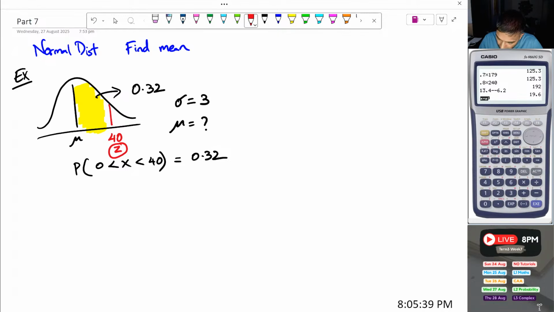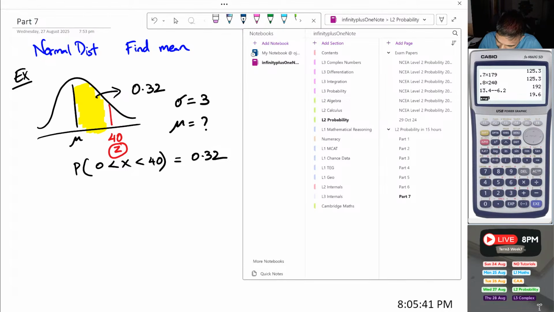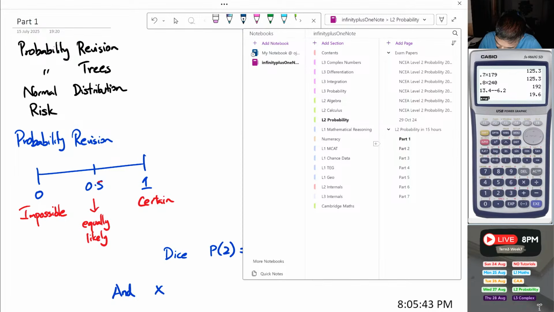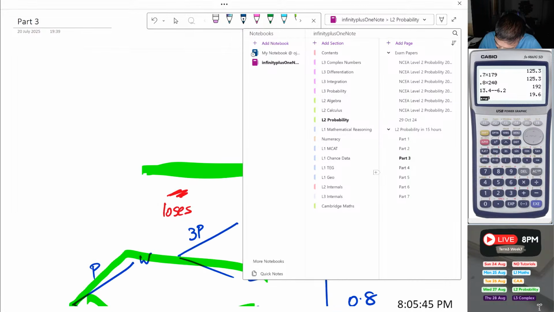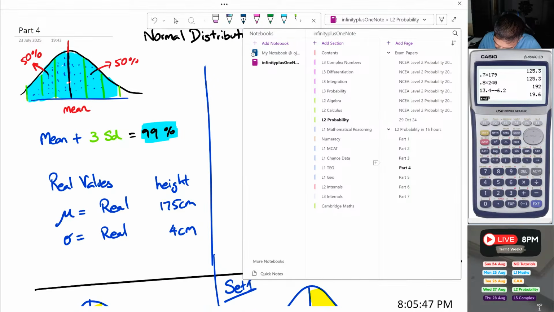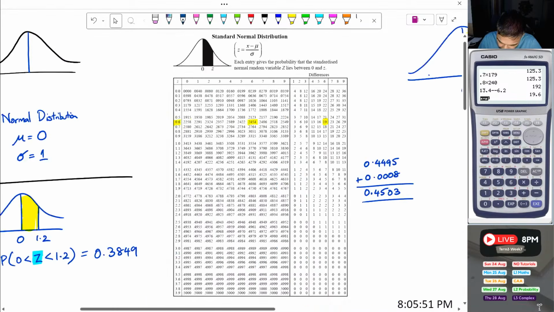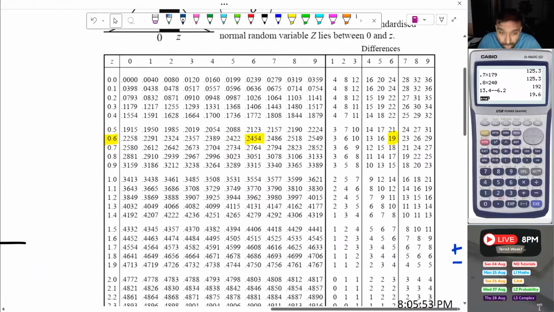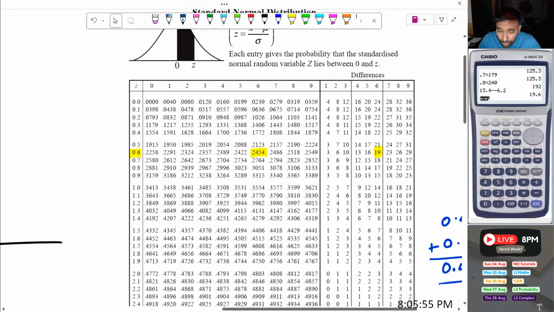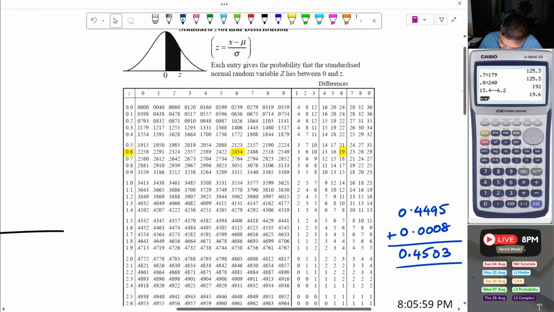Now, if you don't have a graphics calculator and you're depending on the tables, then you're going to have to use the normal distribution table, which is here. And what you need to do is go and look for 0.32. This is one of my old notes here, but we can still use it.